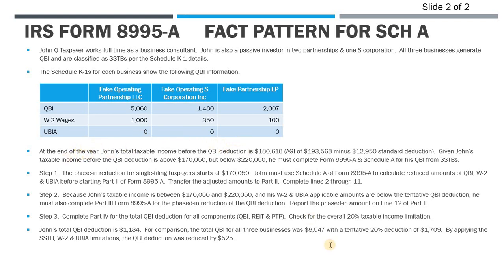The UBIA issue goes away. The SSTB issue goes away. So he would have gotten 8,547 reported on the 8995 at a 20% deduction, and $1,709 in QBI deduction. So you can see how the taxpayer's overall income and profile will really drive how this calculation works on your return.